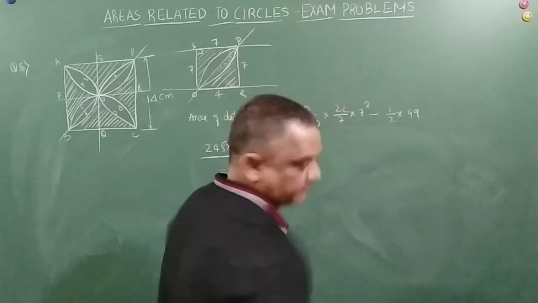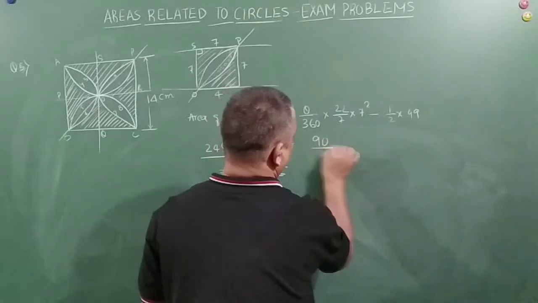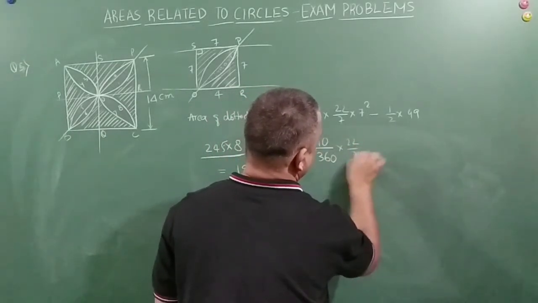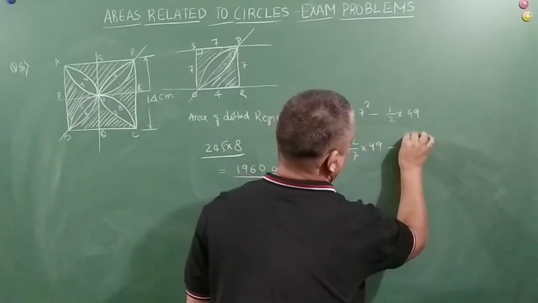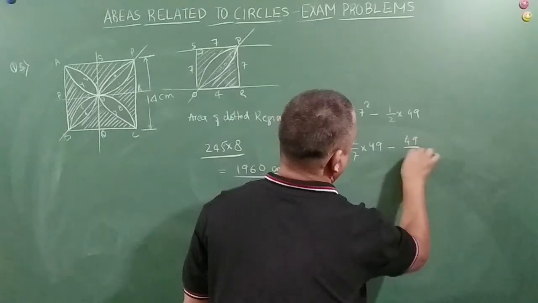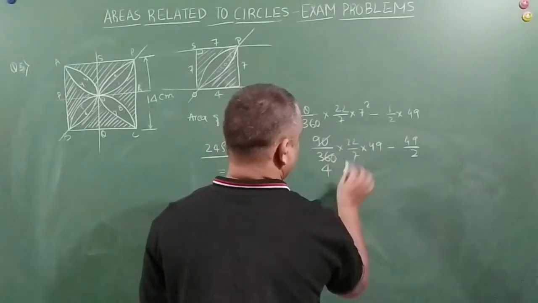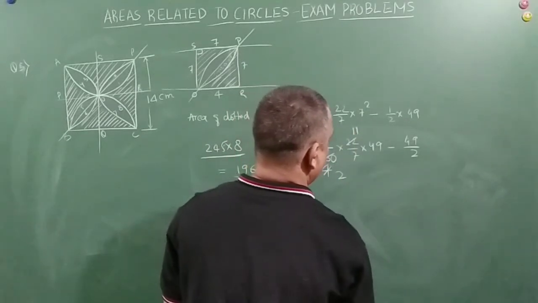Let's do it again. So this is 90 by 360 into 22 by 7 into 49 minus 49 by 2, right? So this is 4, 2, 11, right?